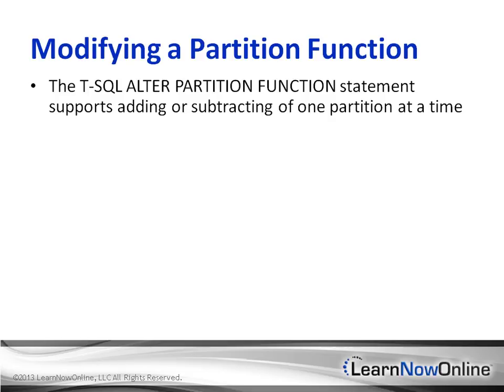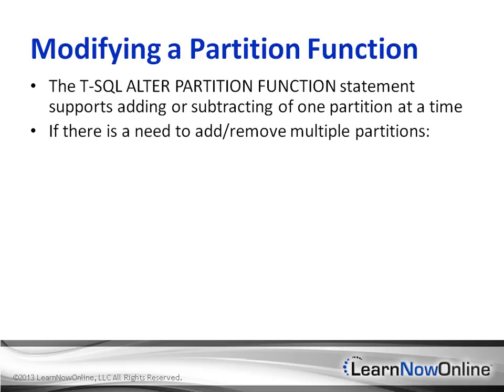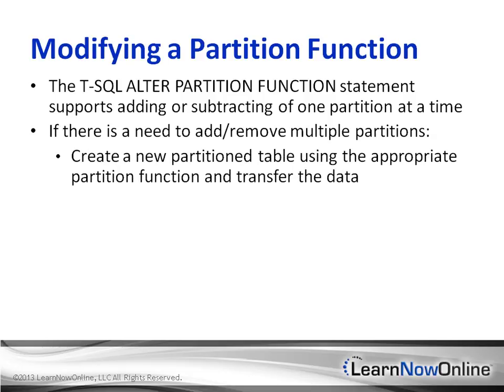T-SQL has an alter partition function statement, and that allows us to add or subtract a partition at a time. If you have a need to add or remove multiple partitions, you might want to think of a different approach. One way of doing it would be to create a brand new partition table using a partition function that maps your new needs, and then transfer the data.